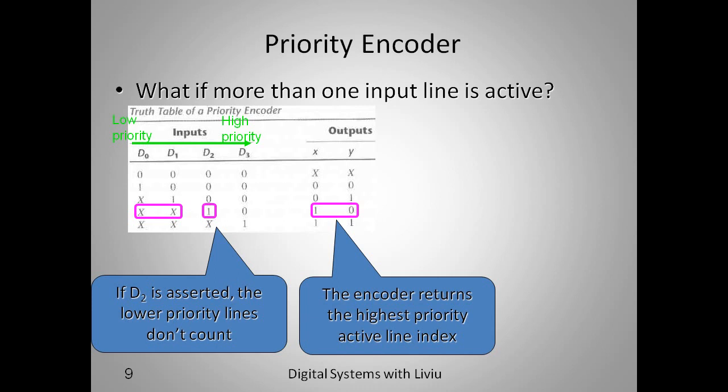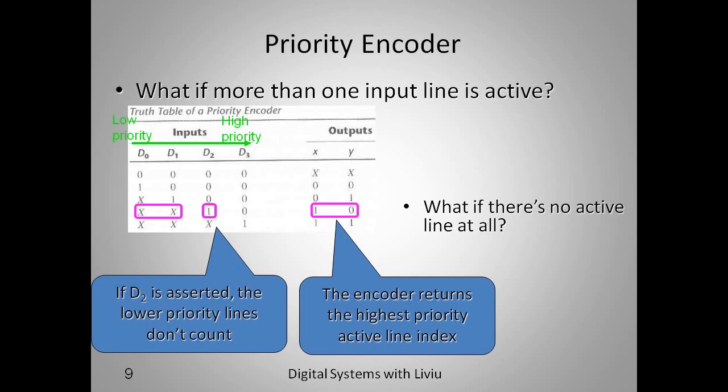Now, there is another issue regarding this encoder. What if there is no active line at all? This could happen in this special type of encoder, which cannot happen in the previous type. So in this case, we see the first row where no input is asserted.